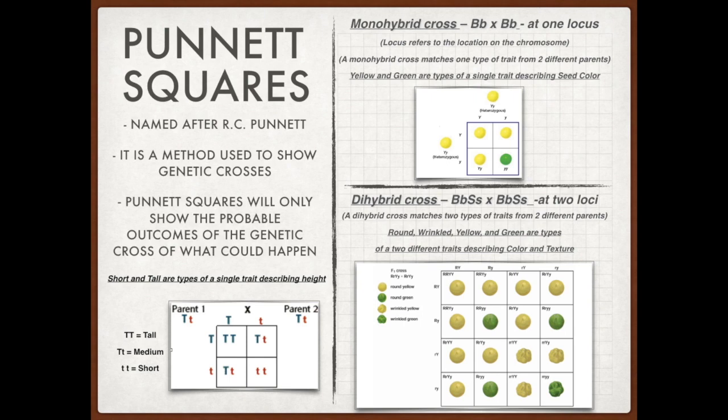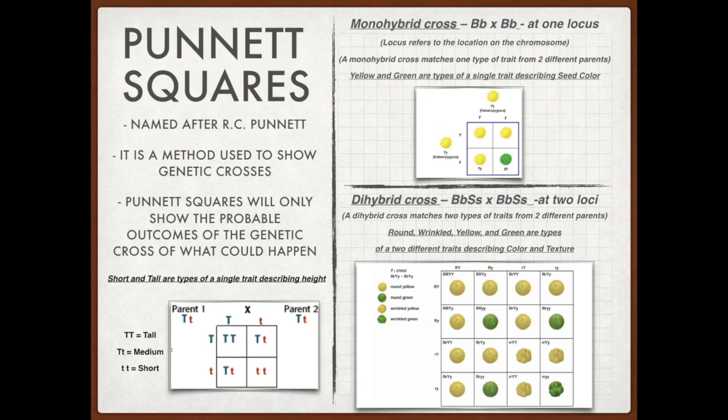A possibility of 2 of their children could be medium height, and a possibility of one of their children would be little t, short height. These are possibilities, not talking about 4 children, but talking about what that one child could have.